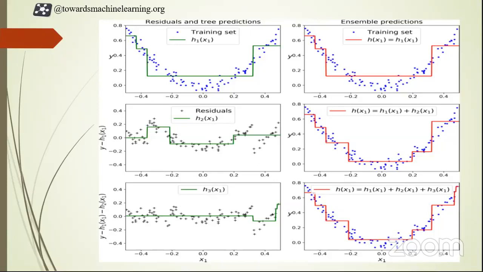But as soon as you see the second row, you will come to know what the change is. See the output of the second model, and now you see the output on the right hand side: the combined output of the first model and the second model.